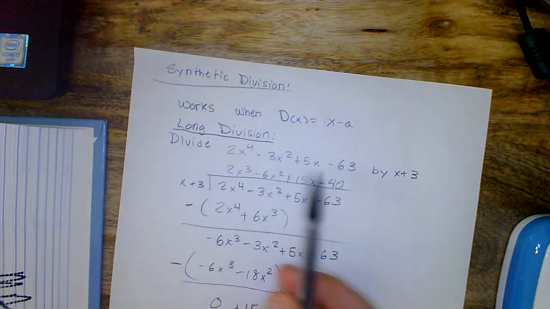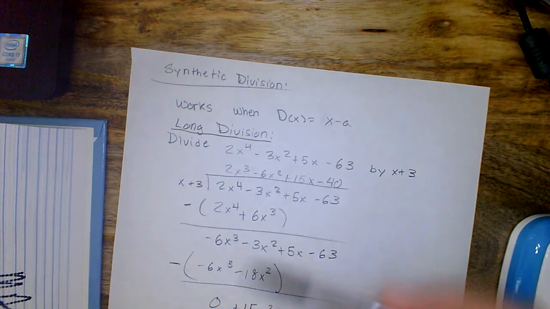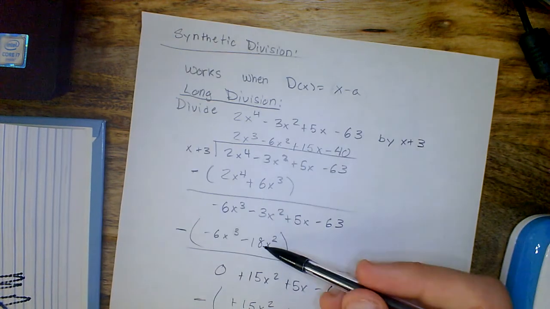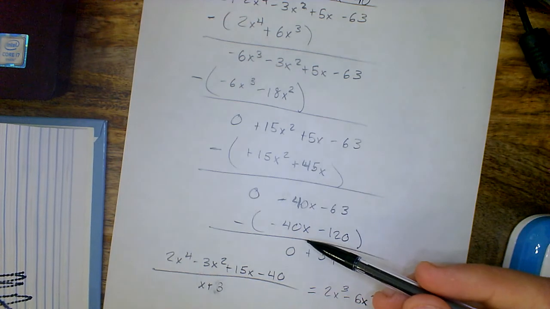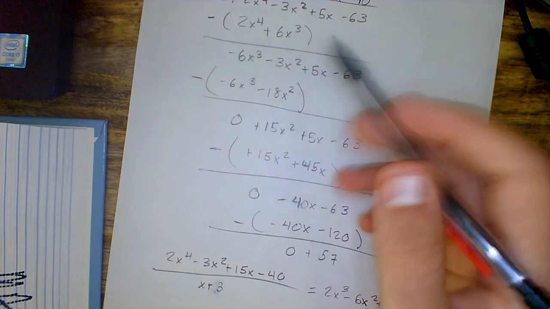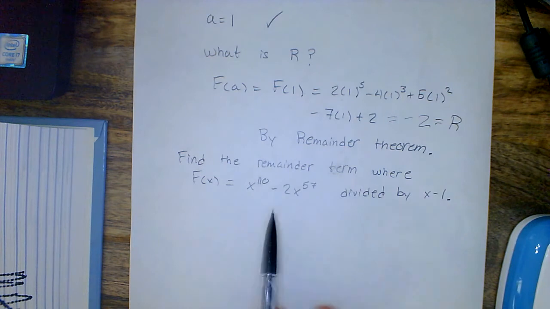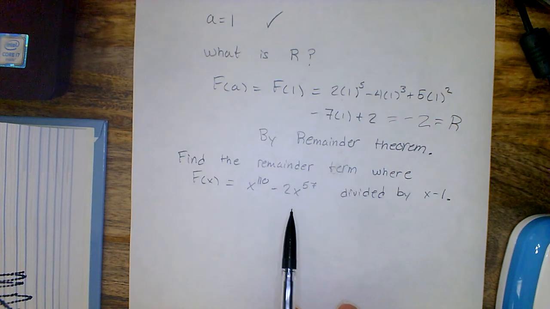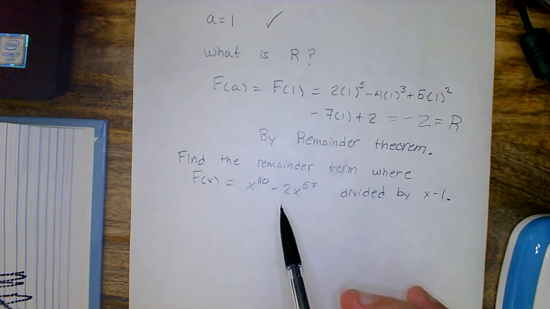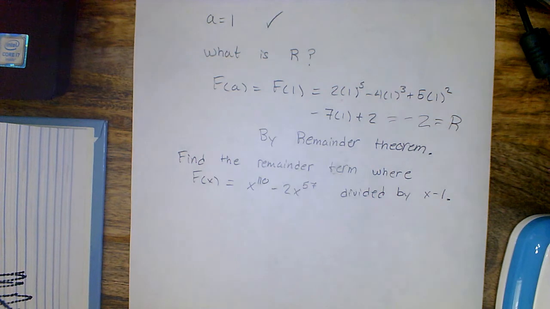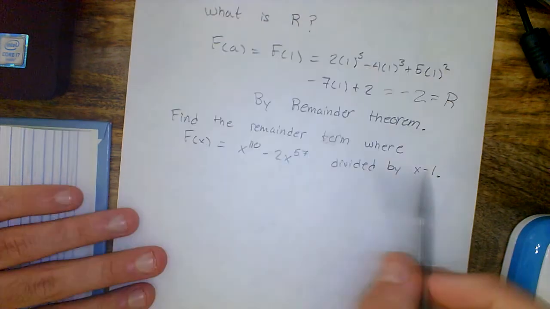For long division, I had a degree 4 polynomial that I was dividing by x plus 3, so I had to do 1, 2, 3, 4 multiply and subtract steps. For a degree 110 polynomial, you have to do that process 110 times.